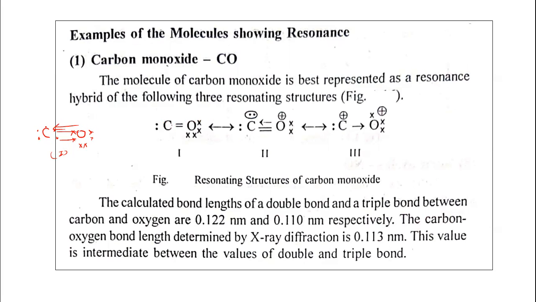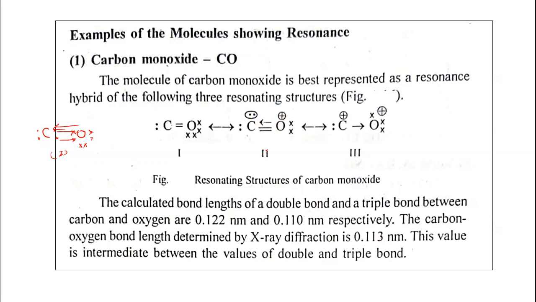It means that on the carbon atom, negative charge is developed, or accumulation of the 2 electrons will be here. And as oxygen is giving the 2 electrons, it shows the positive charge. So accumulation of the 2 electrons on carbon gives it the negative charge, and oxygen acquires the positive charge. So this is the second structure.